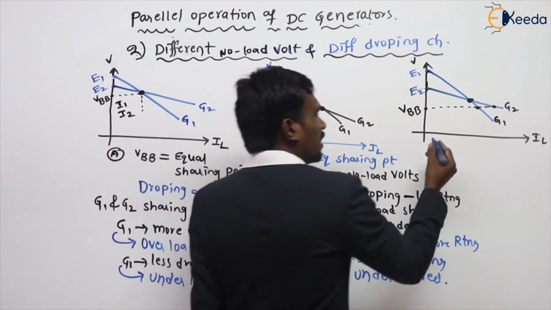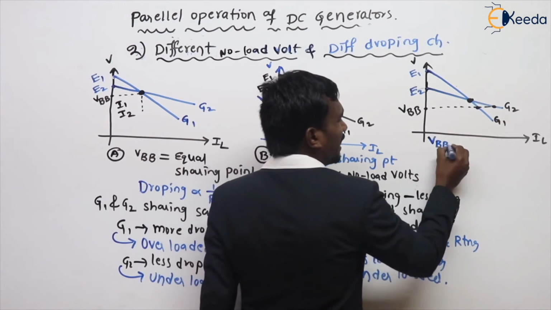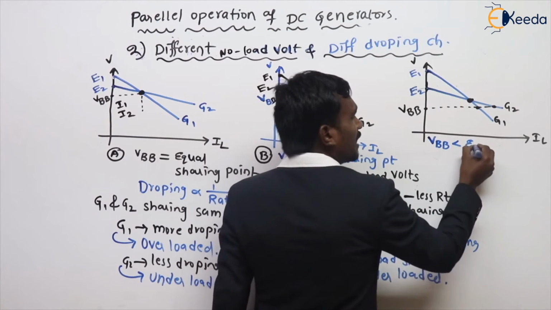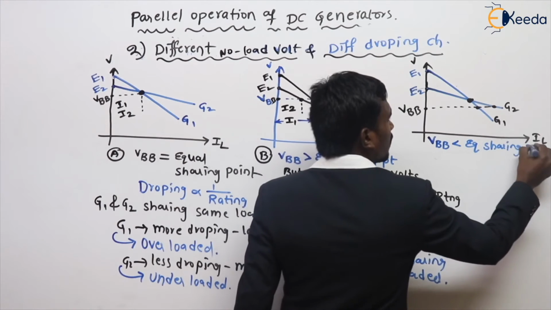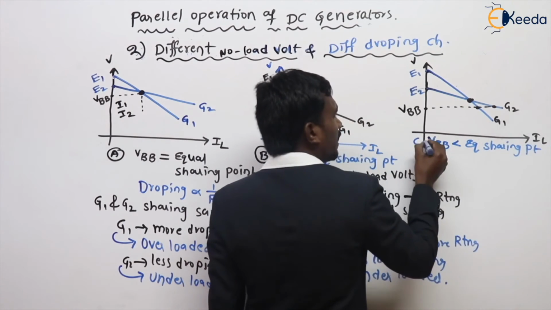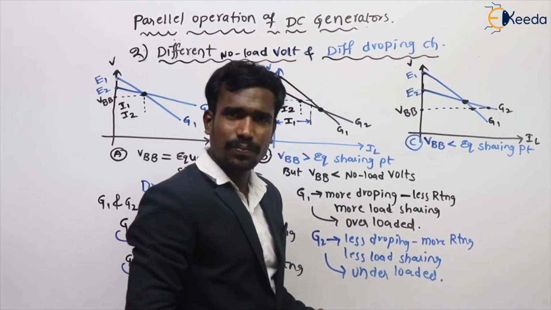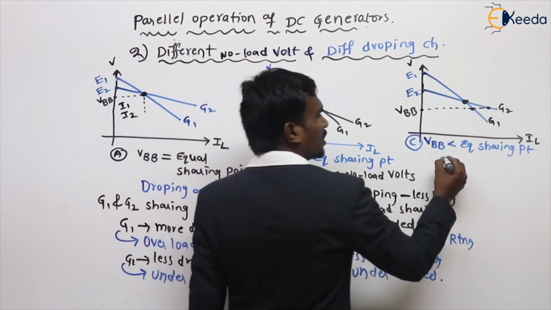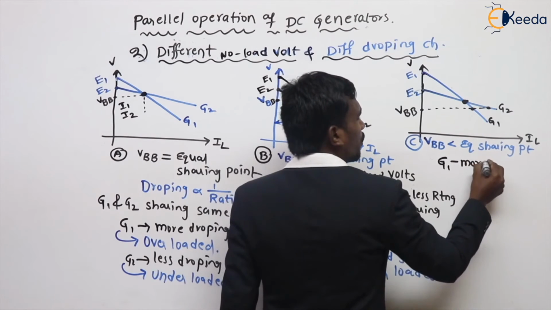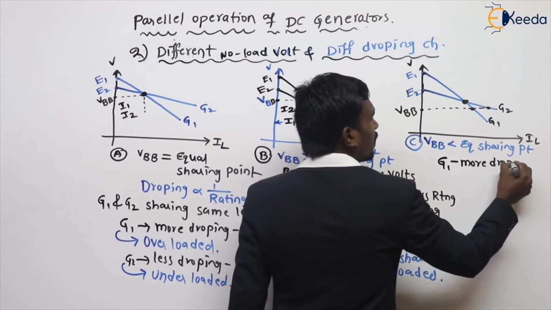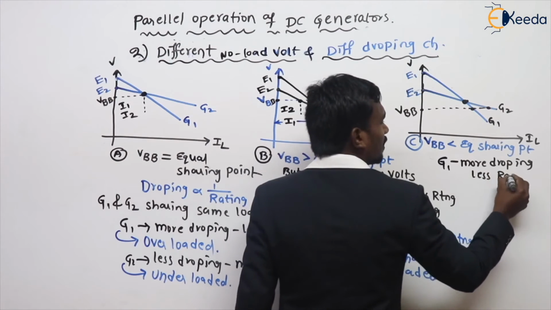Again here, see here, what is that? The bus bar voltage is less than the equi-sharing point. This is case 3, C, the third case. At this condition, again, generator 1 has more drooping, nothing but less rating.